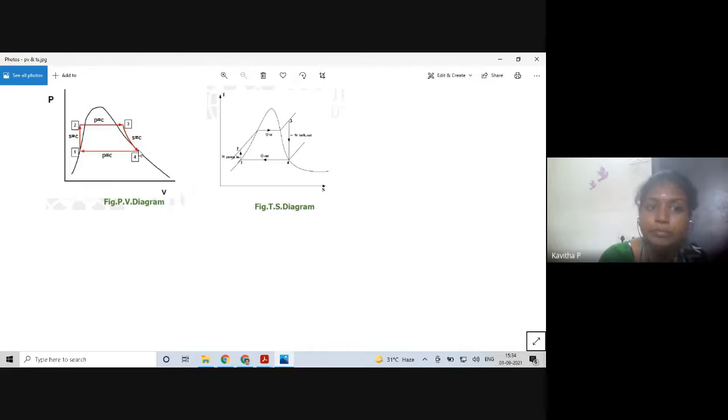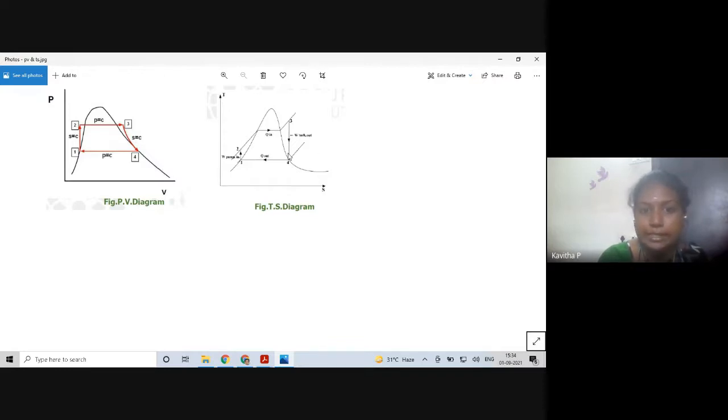The steam leaving the turbine enters the condenser, which also operates at constant pressure and converts the steam back into liquid water again. So the boiler and the condenser are operating at constant pressure conditions. That is how this PV diagram is drawn. P is the pressure of the water or steam, and V is the volume.